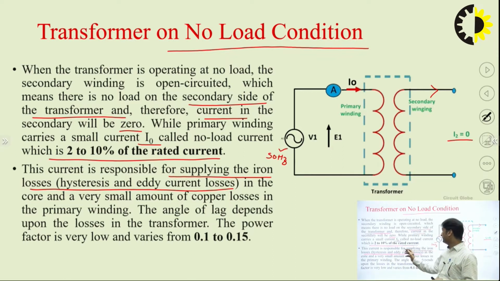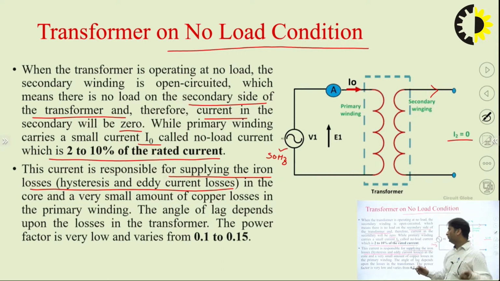The iron losses are of 2 types, hysteresis and eddy current losses, which are voltage dependent losses. If the voltage is constant, because we are supplying a constant voltage V1, these losses will be almost constant throughout the operation. So this current is responsible for supplying the iron loss.